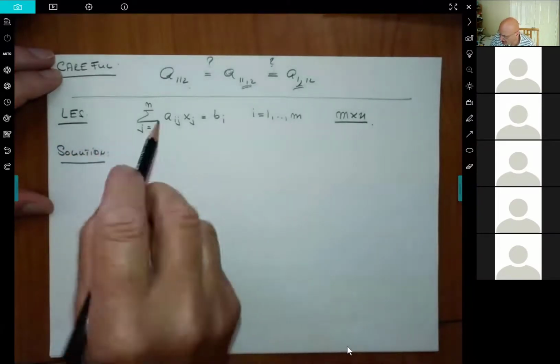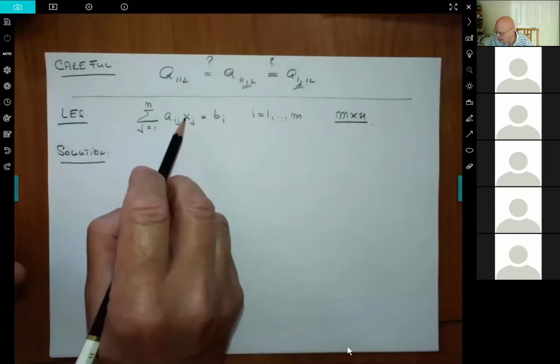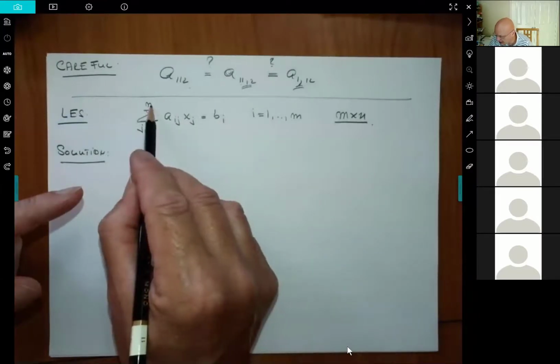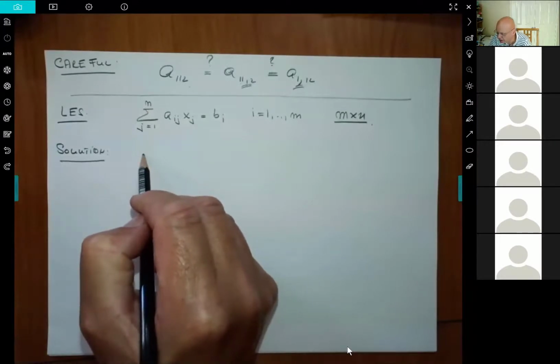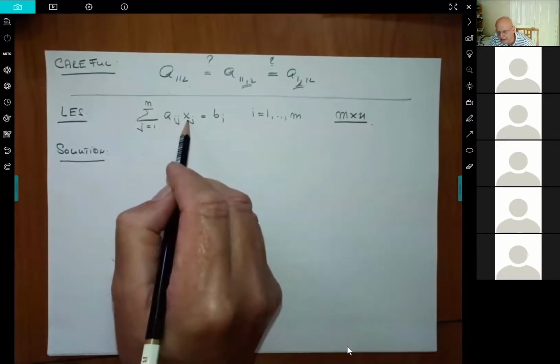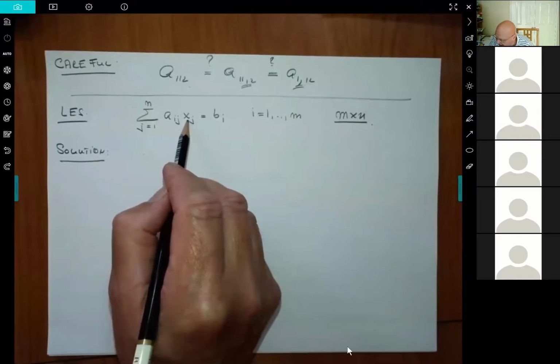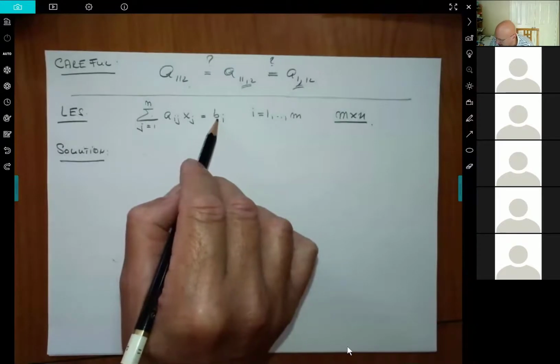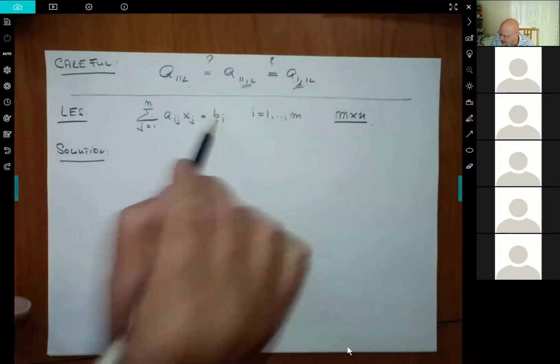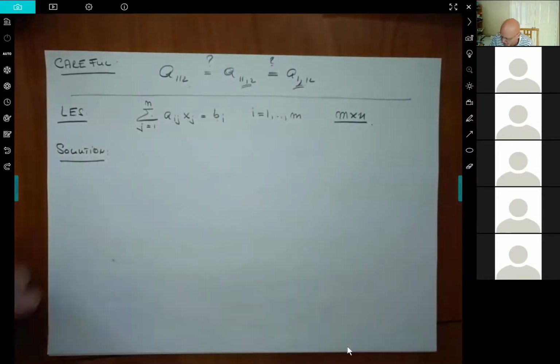A solution is if you have, because we go up to n, n numbers, let's say S1 to Sn, and you plug them in instead of the x1 to xn, then every left-hand side has to be equal to the right-hand side. And if this is the case, we call it a solution.